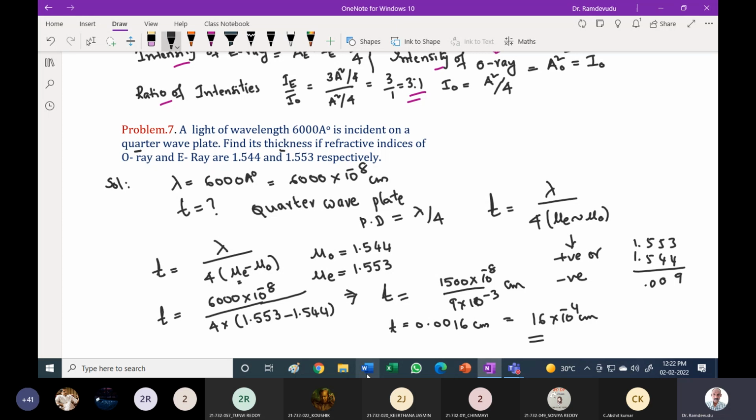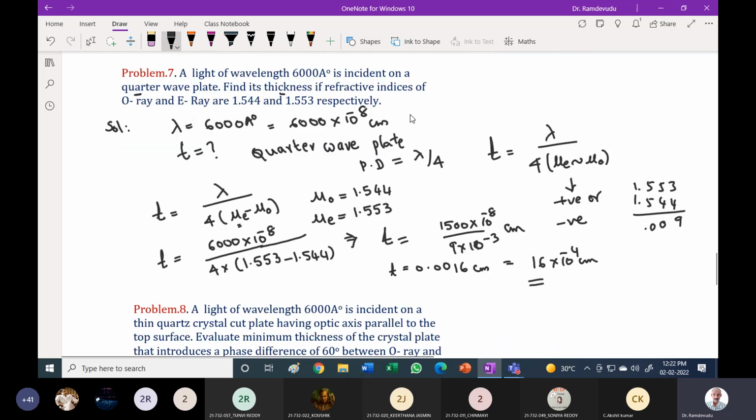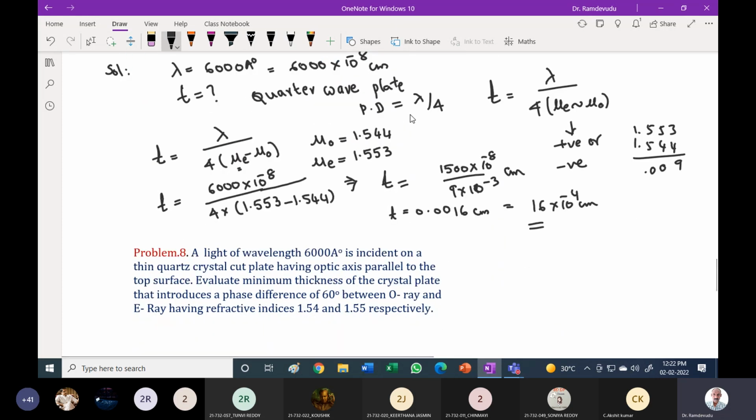If you compute this, we'll go for the next problem. A similar problem: light of wavelength 6000 Angstrom is incident on a thin quartz crystal plate having its optic axis parallel to the top surface. They're asking to evaluate the minimum thickness of the crystal plate that introduces a phase difference of 60 degrees.